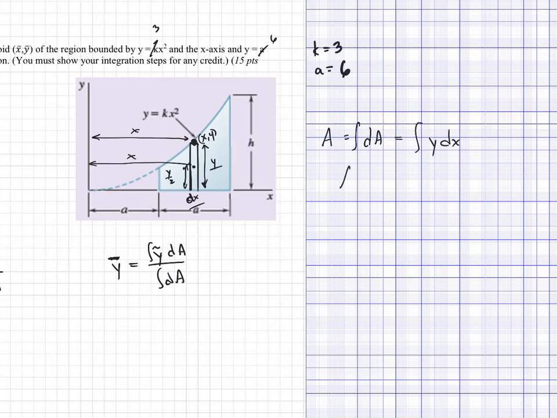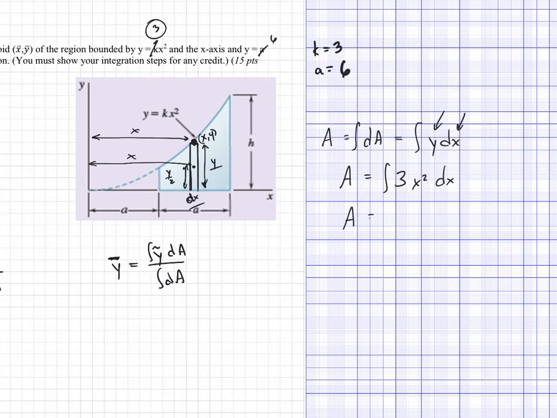So A equals the integral of kx squared dx. That's pretty straightforward. Should I use k or should I use 3? Let's use 3. Remember, 3 was given to me right here. Okay, so let's go ahead and do this.